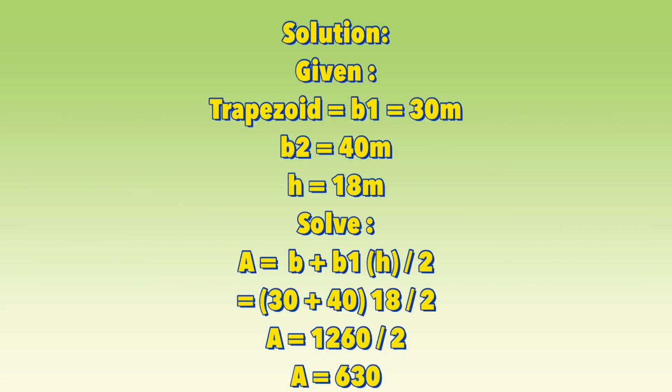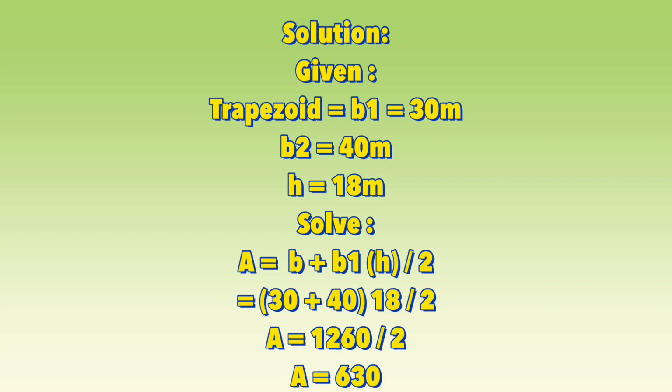The solution: given a trapezoid, the base 1 is 30 meters, base 2 is 40 meters, and the height is 18 meters. To solve the area of a trapezoid, we have the formula area equals base 1 plus base 2 times height over 2.